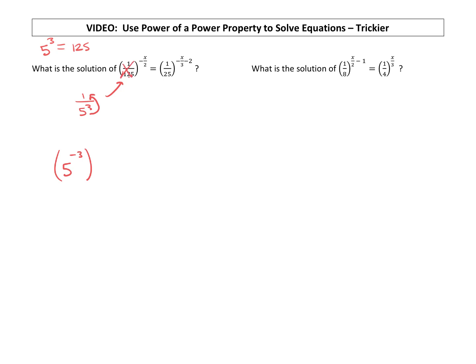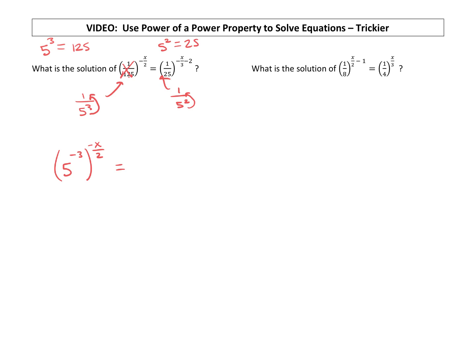I'm going to carry down that exponent, negative x over 2, equals. All right, so let's look at the other side. Same idea, we can see we have 1 over 25. We know that 5 squared is equal to 25. So we can rewrite that fraction as 1 over 5 squared. Well, we're going to move that 5 squared to the numerator so we don't have to deal with a fraction.